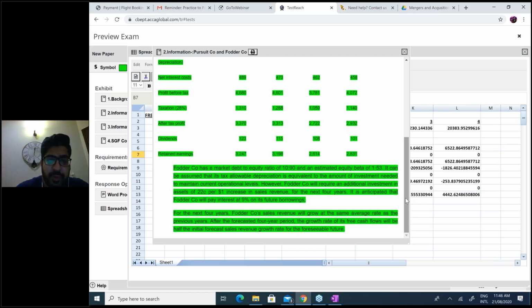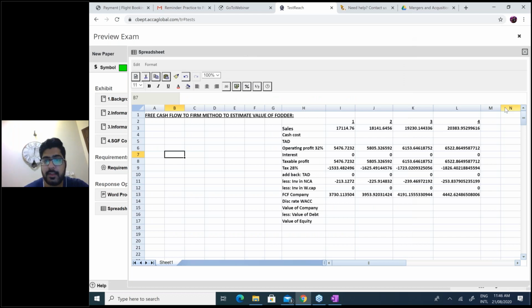After the forecasted 4-year period, the growth rate of free cash flows will be half, 3% for the foreseeable future. Now, after the 4-year period, the growth rate of revenue is not given. After the 4-year period, the growth rate of free cash flow is given. It will be half the revenue growth, 3%. So for the foreseeable future, now this sounds interesting.